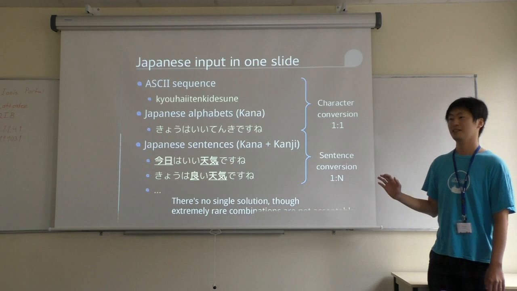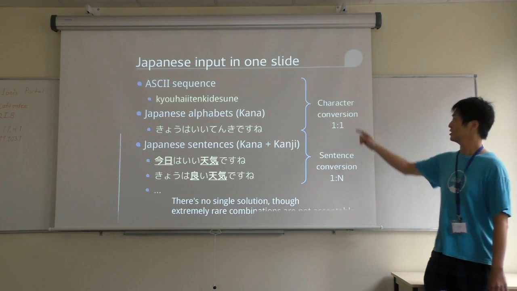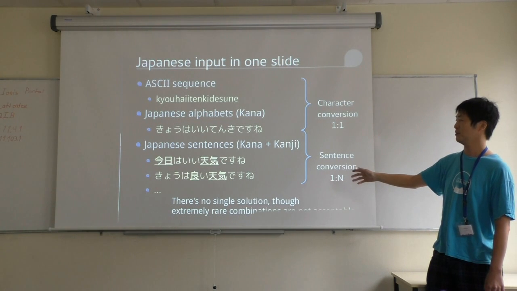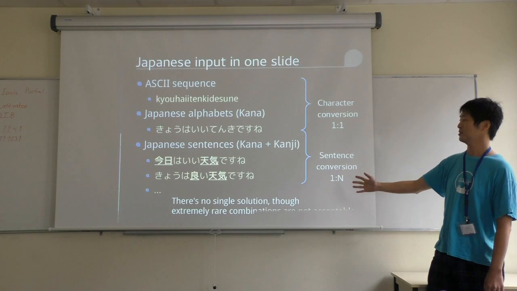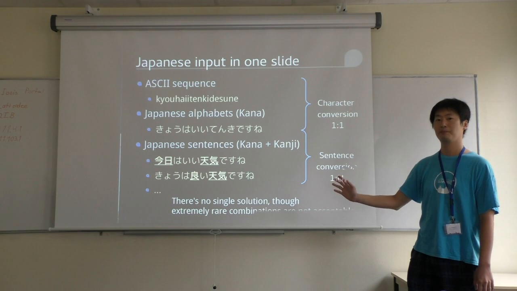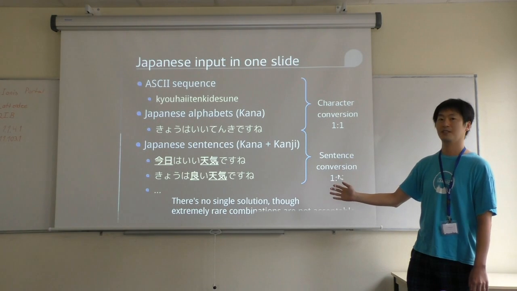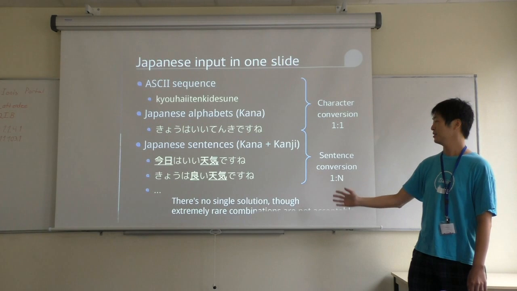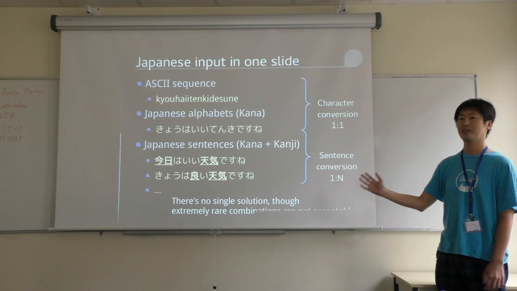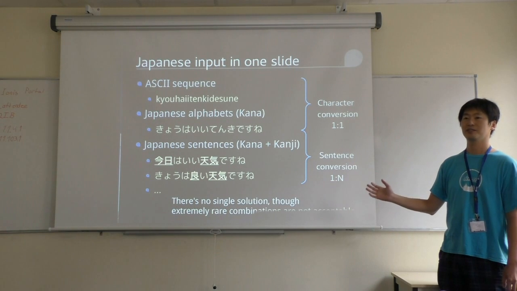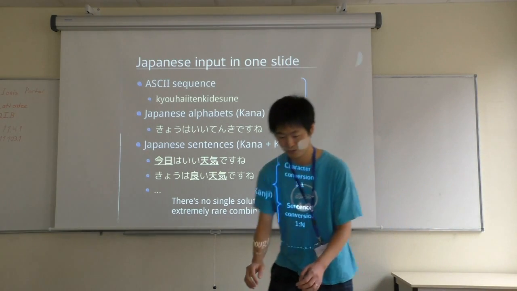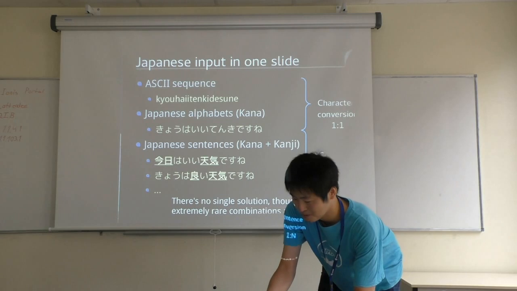The interesting thing is that this first conversion is 1-to-1, but this second conversion can cause multiple results, and there is no single solution. It can vary based on the user's mood or writing style. But if the output is an extremely rare combination, then the user will think it is a bug. I'll show you a demonstration.